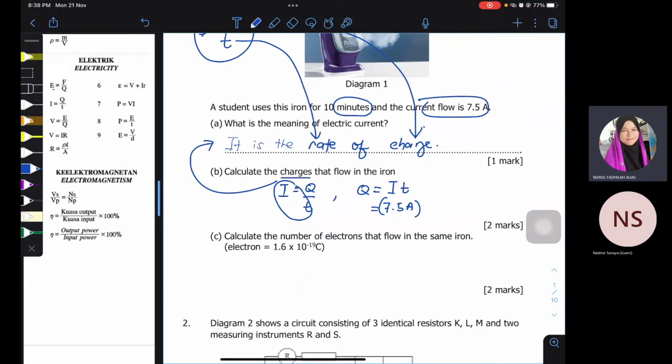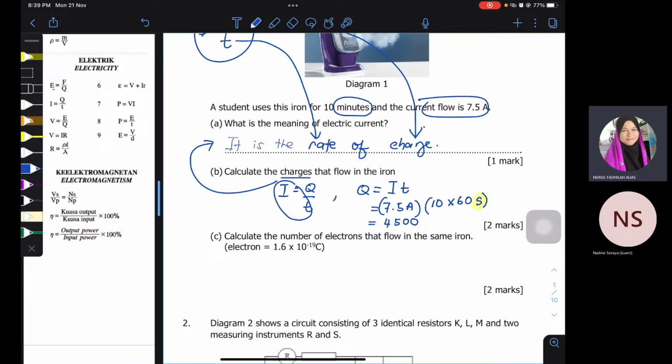Minute is not an SI unit, so you have to change minute to second. 10 times 60 seconds. Notice I write the unit there so that I will not forget to write the unit at the very end. So 7.5 times 10 times 60 equals 4,500.